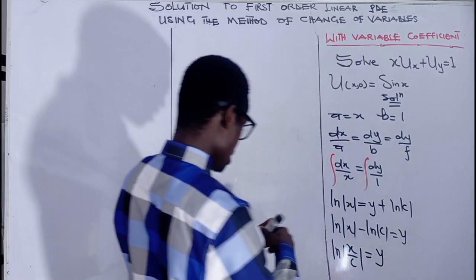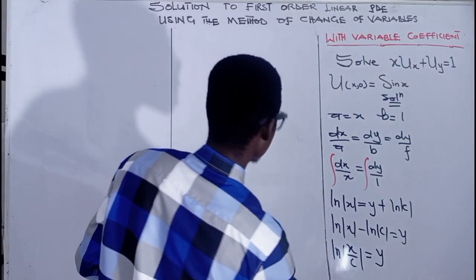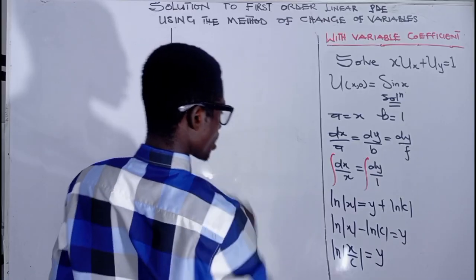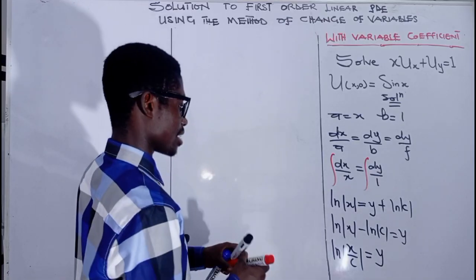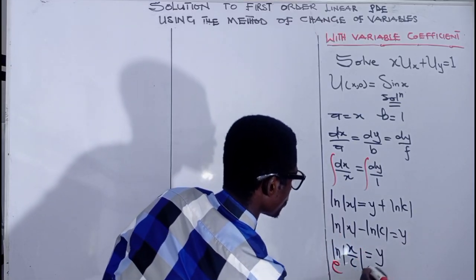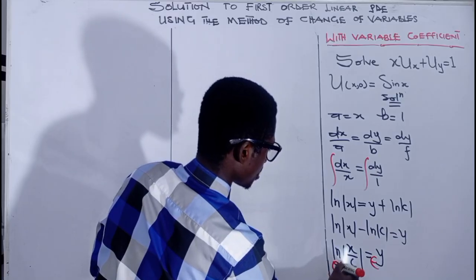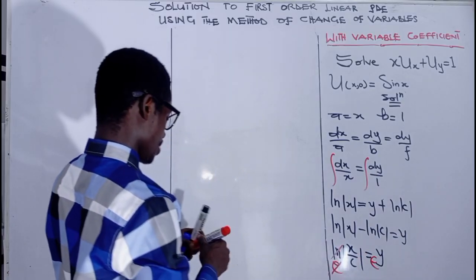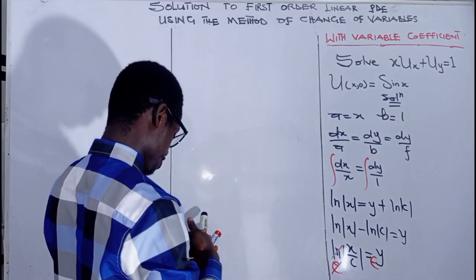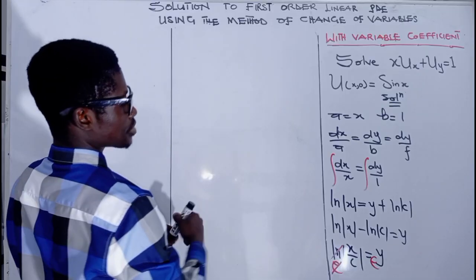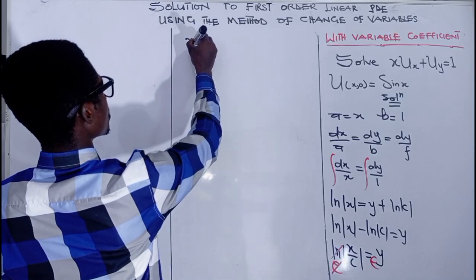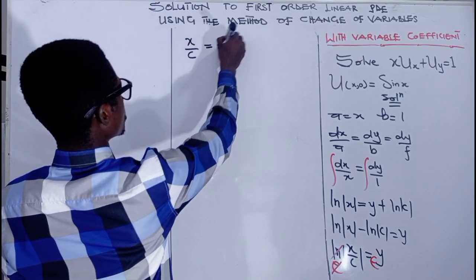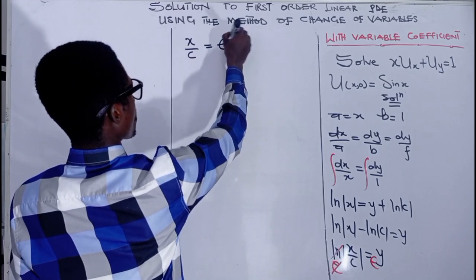Now let's do away with the ln from the equation by taking e on either side of the equal sign, so that this will cancel the ln. At the end, we have x over c is equal to e exponent y.